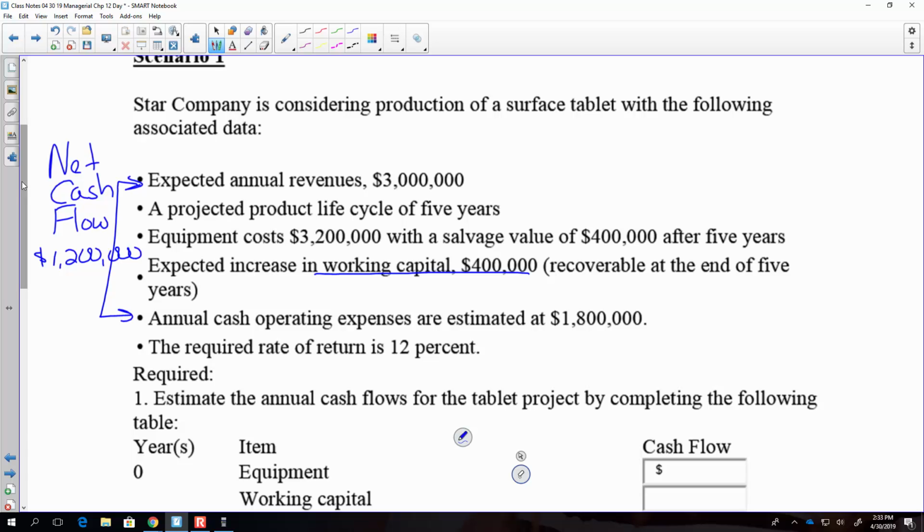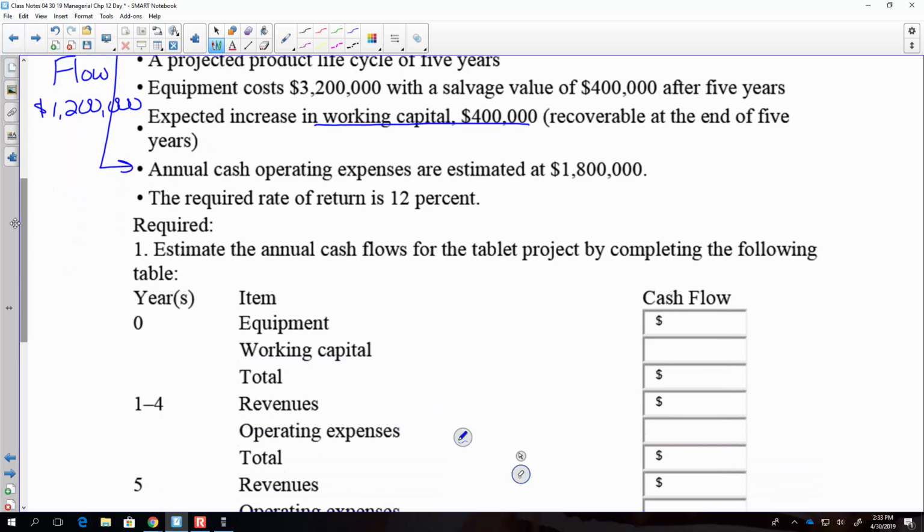So when you're setting up your net present value computation, make sure that the cash flow is net cash flow. And that means revenue minus the expenses. The other item presented here is 12% is the company's desired rate of return.